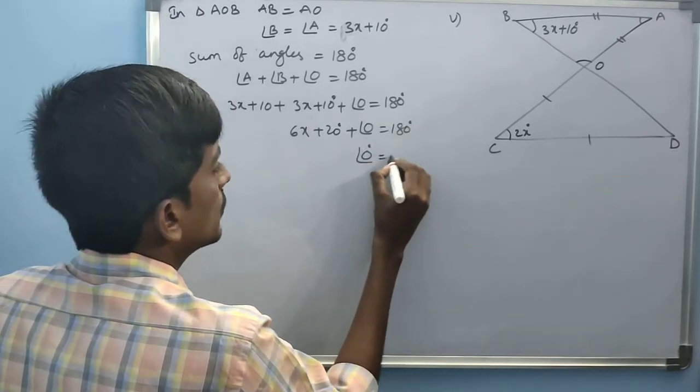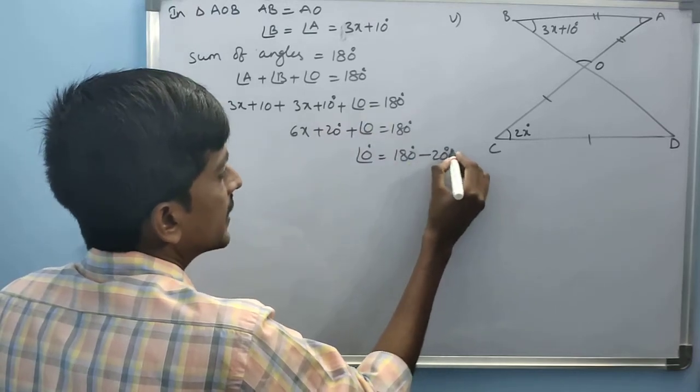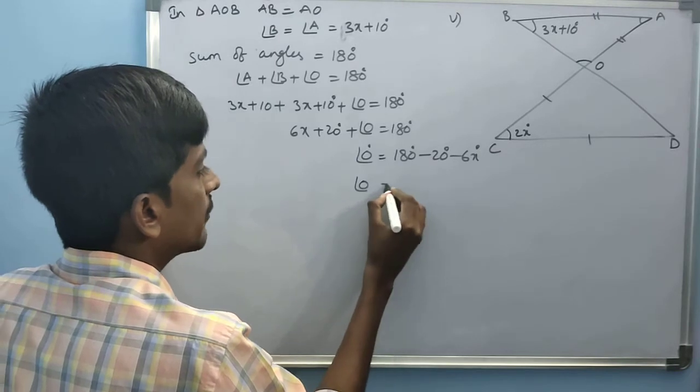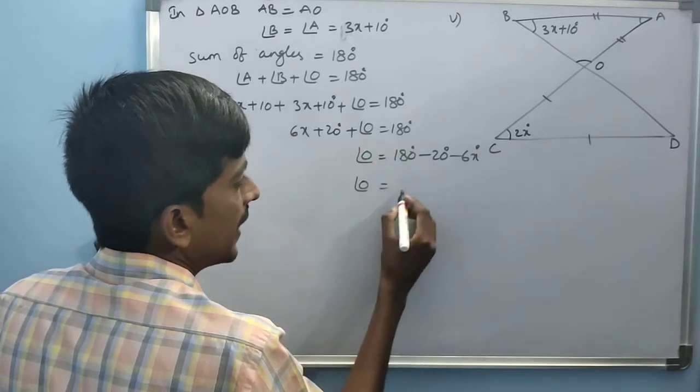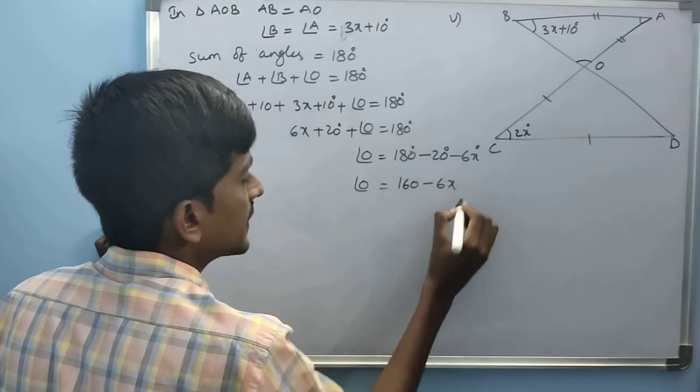Angle O equals 180 degrees, these two are transferred to that side, minus 20 minus 6x. Angle O equals 180 minus 20, so 160 minus 6x.